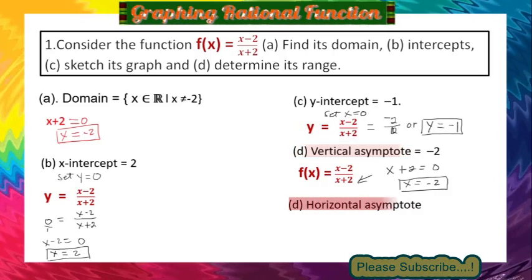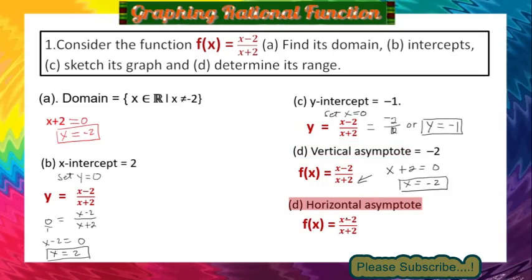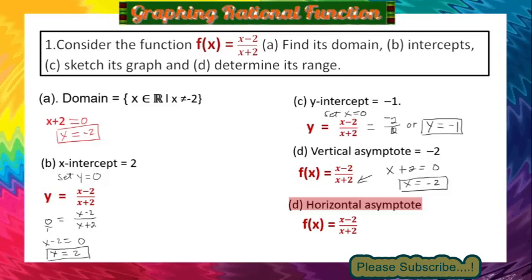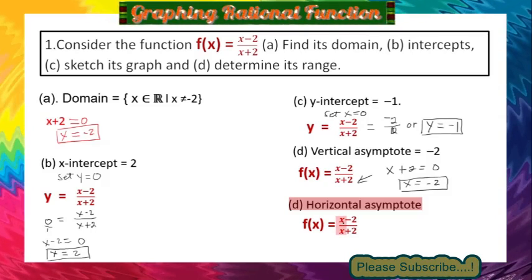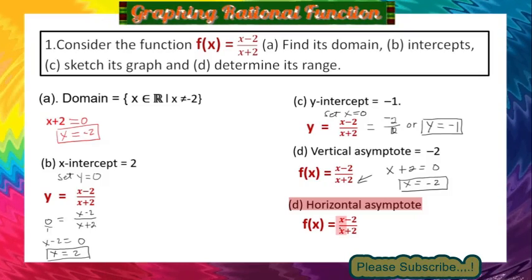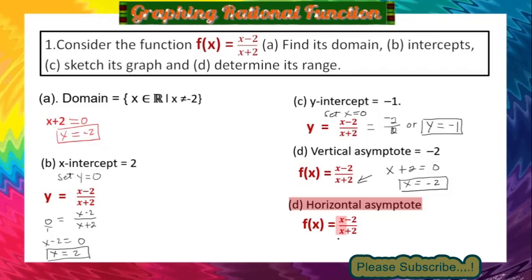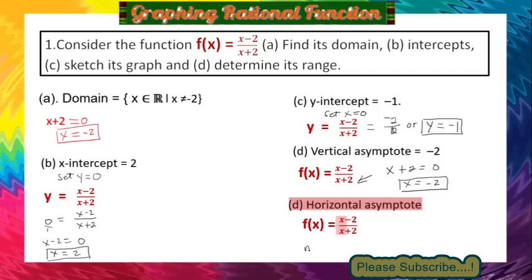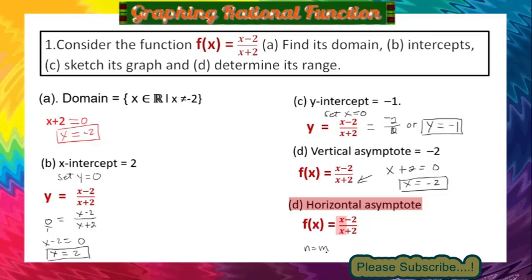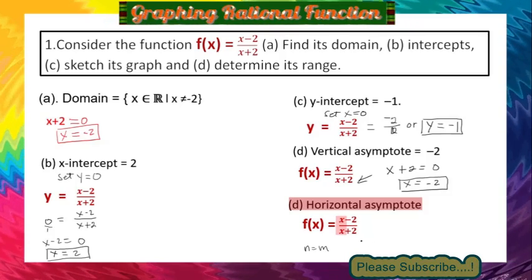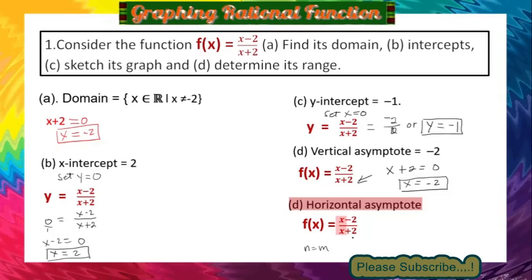Then for the horizontal asymptote, the same. You have to look at this one. If they have the same degree between the numerator and denominator, that is n equals m, then you have to take the coefficients of the numerator and denominator.